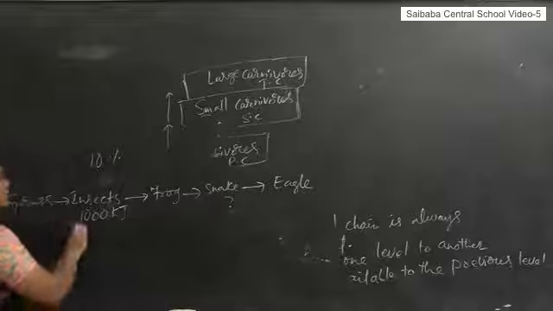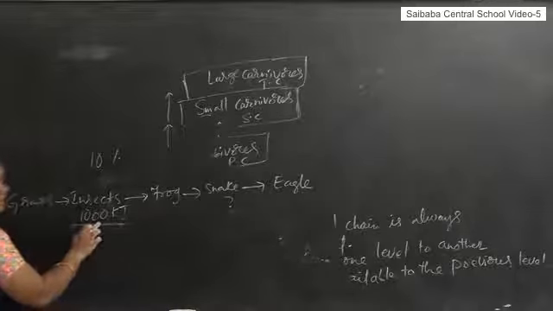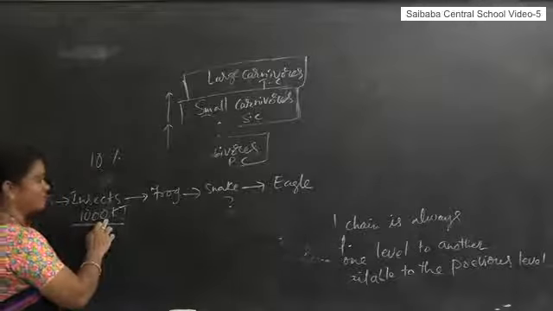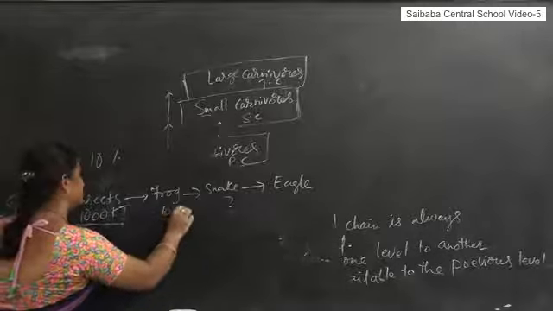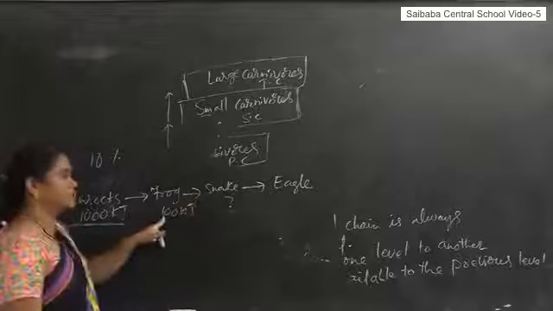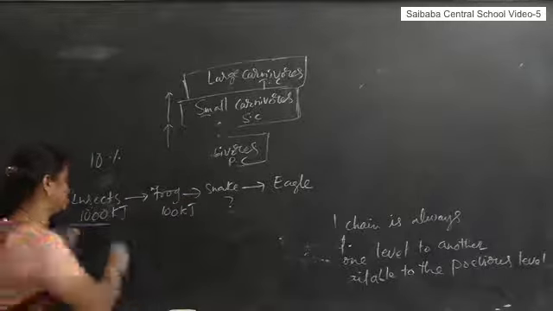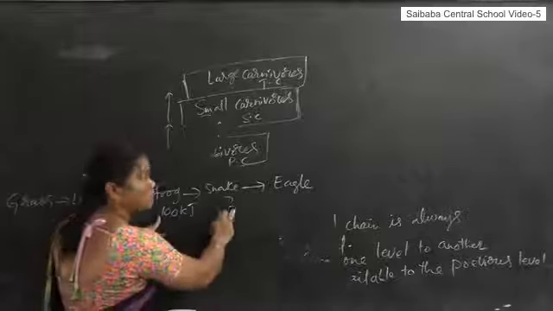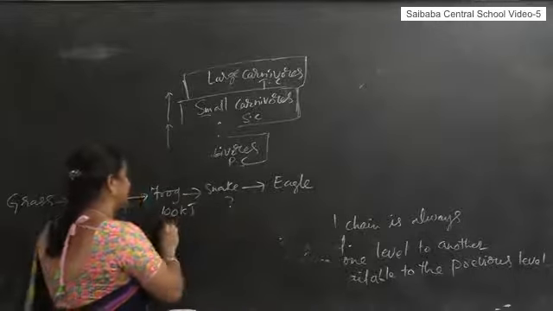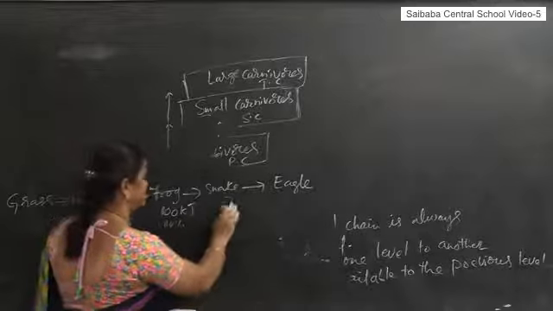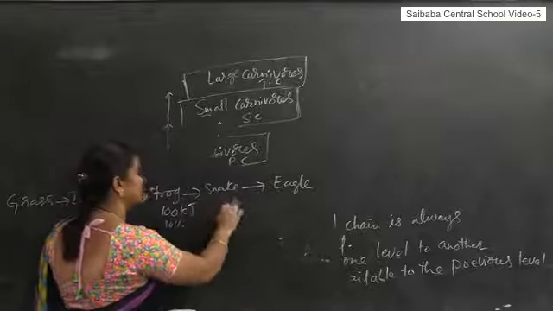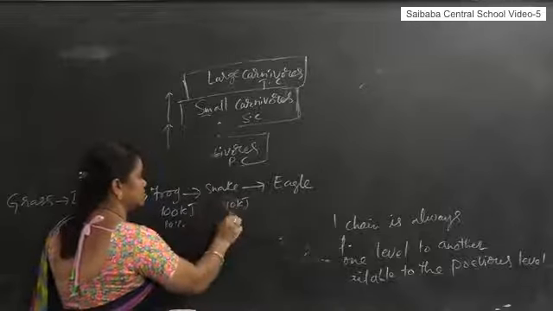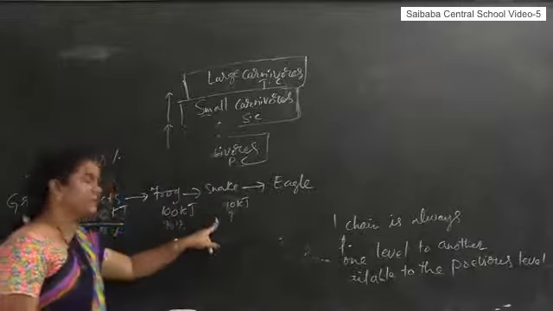So for example, at the position of insects, 1000 kilojoules of energy is available. So what is 10% of 1000? 100. At frog, how many kilojoules? 100 kilojoules, because 10% of 1000 is 100. But they have asked at the position of snake, no? So now again, 10% of 100, how much? Here, 10% of 100 means 10 kilojoules of energy is available at the position of snake. So you have to write this. Are you getting my point?